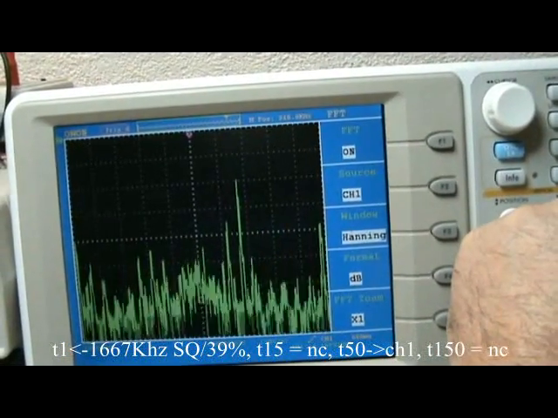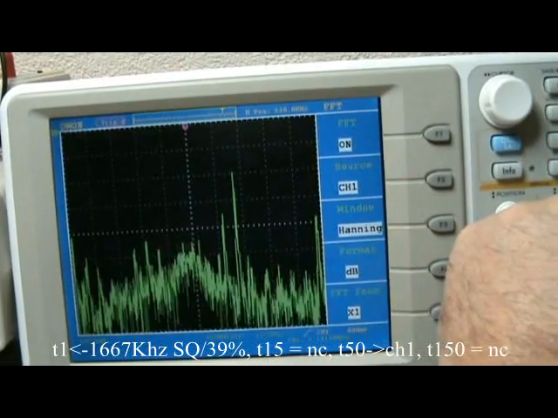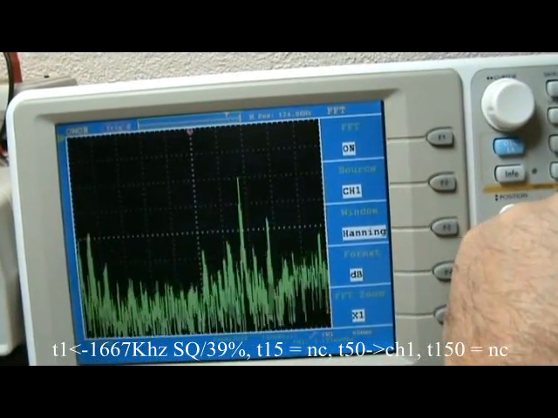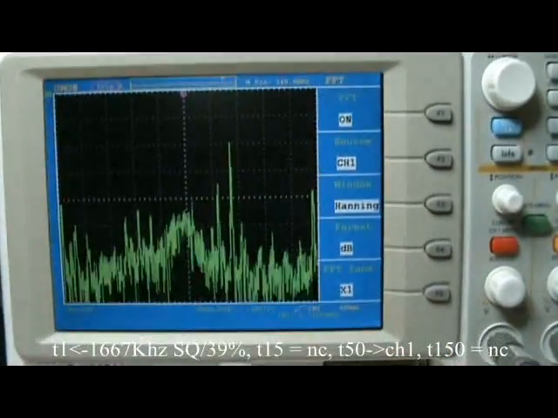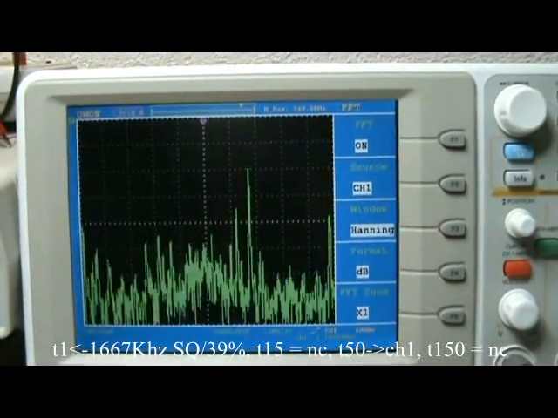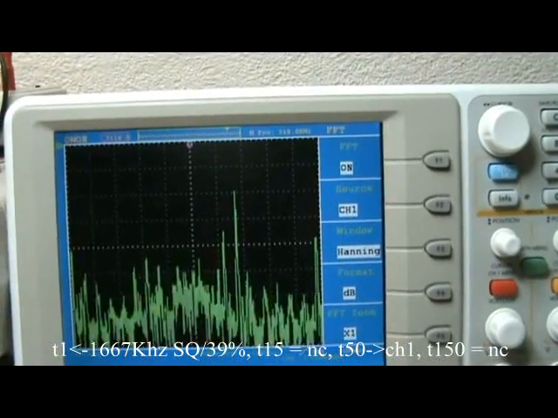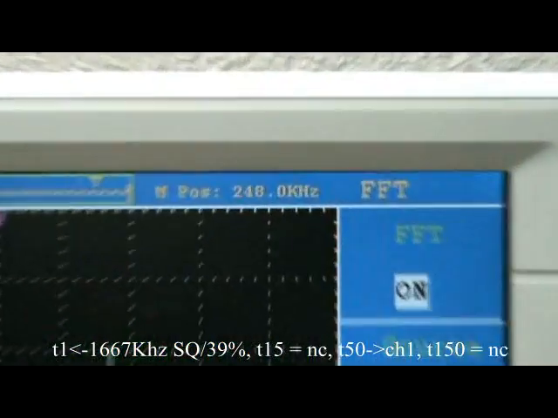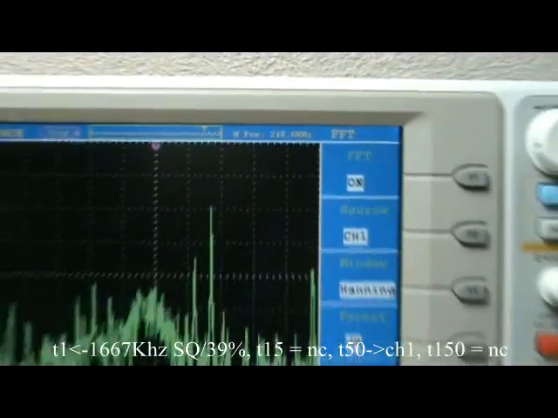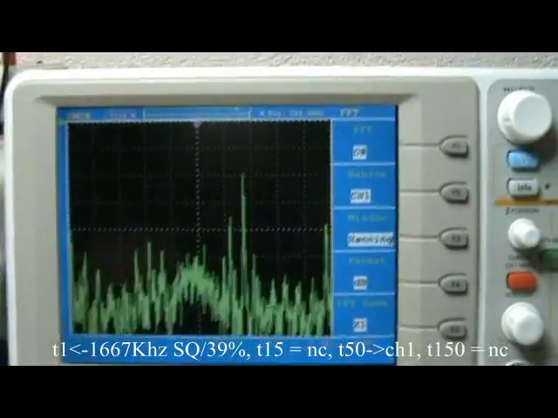I can go one scale down, and the midpoint here is 248 kHz, and I see a nice spike there.